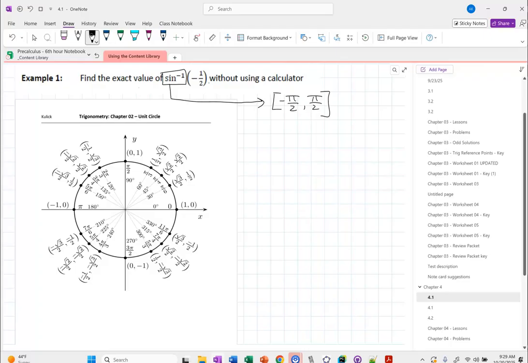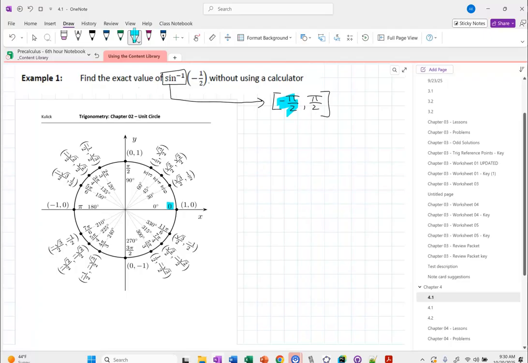So I'm going to look at my unit circle and try to figure out what quadrants are covered by -π/2 to +π/2. Since I have one angle that's negative and one that's positive, I'm going to have to do this in 2 steps. So I'm going to start at 0, and then I'm going to go to -π/2.